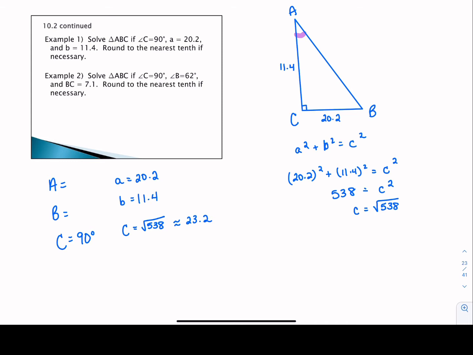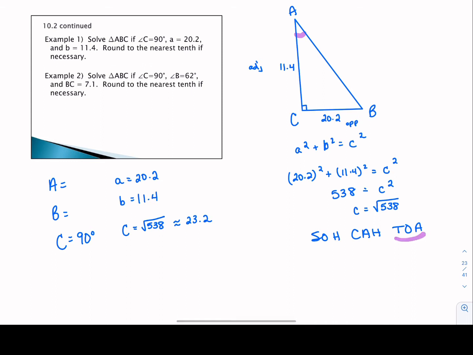With A as a reference, 20.2 is the side opposite and 11.4 is the side adjacent. So if you go back to your SOHCAHTOA, sine, cosine, and tangent, you want to be looking for the ratio that involves both the opposite and adjacent sides.